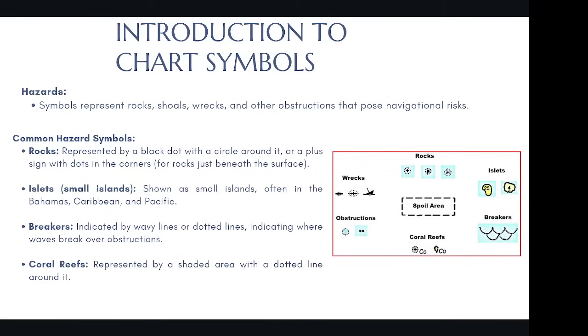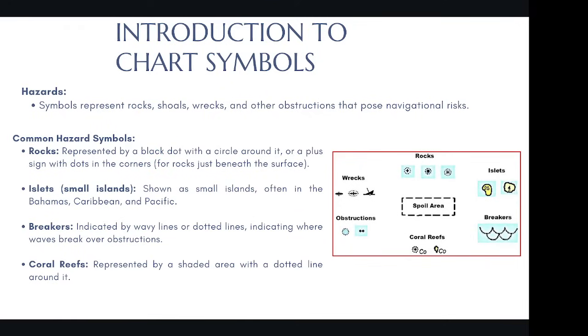So the common hazard symbols. We have here the rocks, as I said earlier. They are represented by a black dot with a circle around it, or a plus sign with dots in the corner, for rocks just beneath the surface.